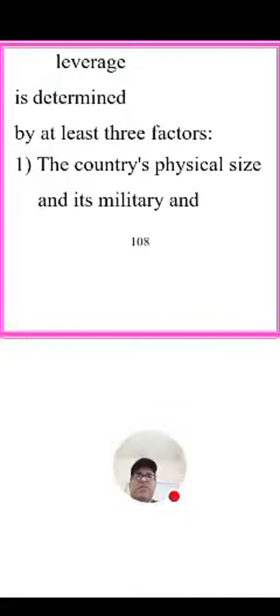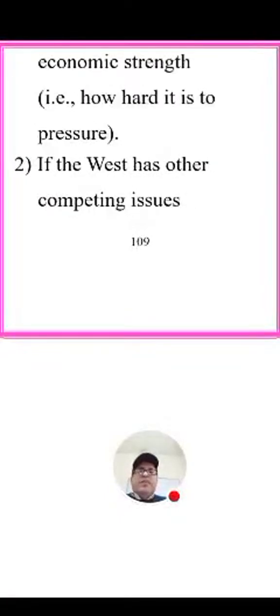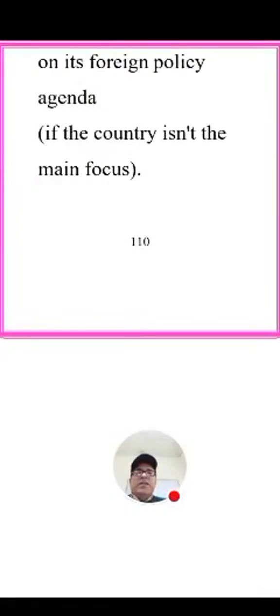They explain that the level of Western leverage is determined by at least three factors. Number one, the country's physical size and its military and economic strength. In other words, how hard it is to pressure that country. Number two, if the West has other competing issues on its foreign policy agenda, if the country isn't the main focus.